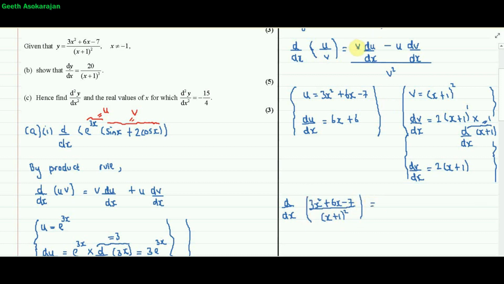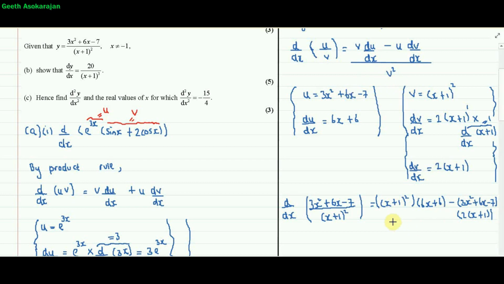So that is equal to v, which is (x plus 1) squared, multiplied by du over dx, which is 6x plus 6, minus the u, which is 3x squared plus 6x minus 7, multiplied by dv over dx, which is 2 into x plus 1, all divided by v squared.